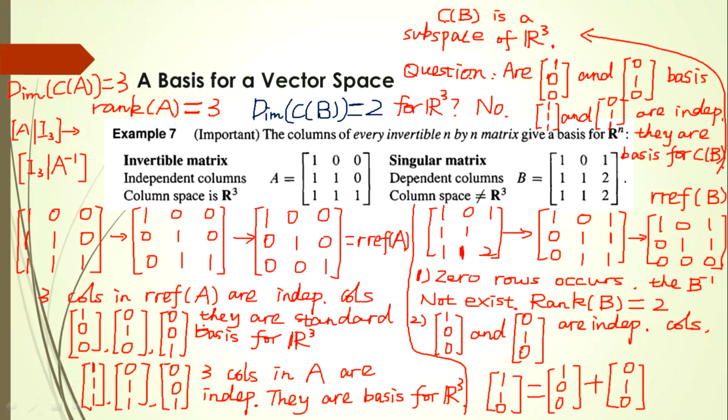The dimension of the column space of matrix B is 2, but it's also a subspace in R3. It might be a plane passing through the origin in R3. Are you clear?